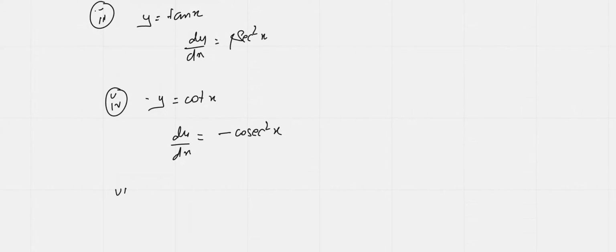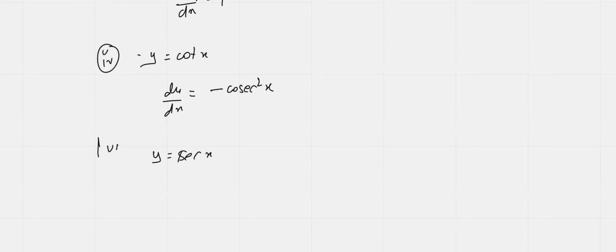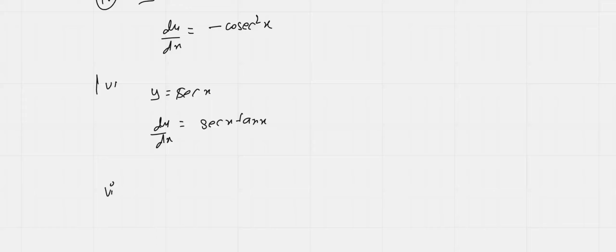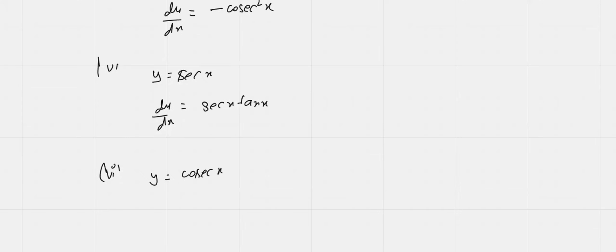The fifth one is secant x, and the answer comes out as secant x tan x. For cosecant x, dy by dx equals minus cosec x cot x.